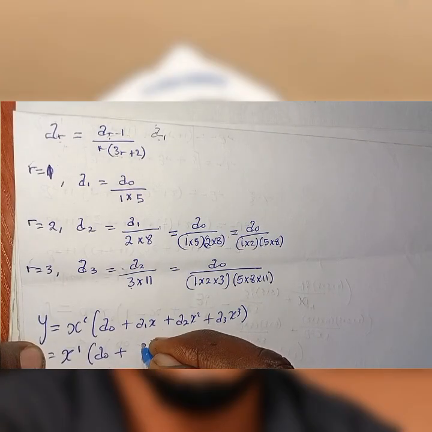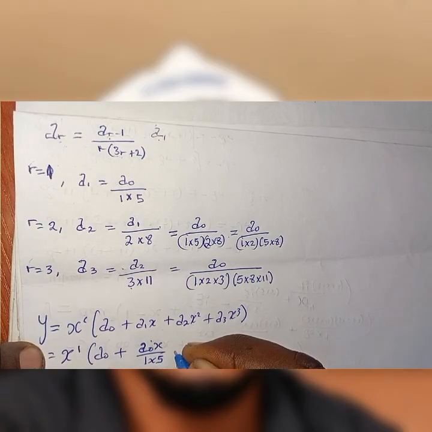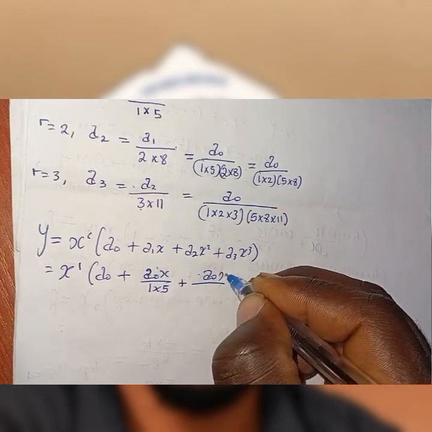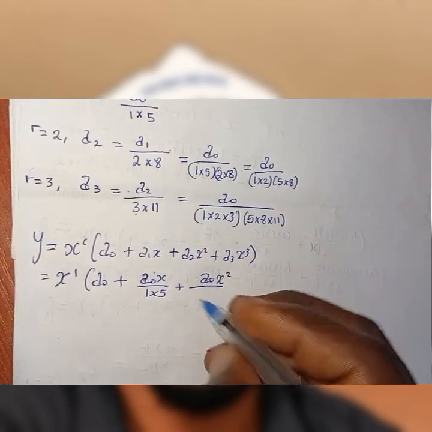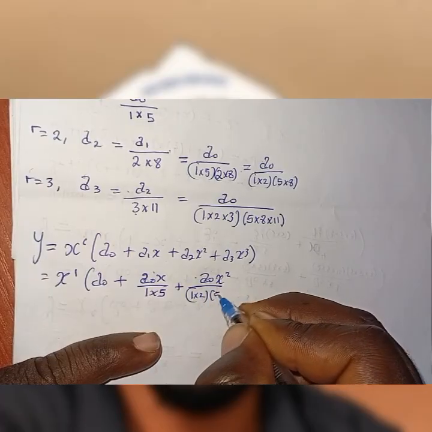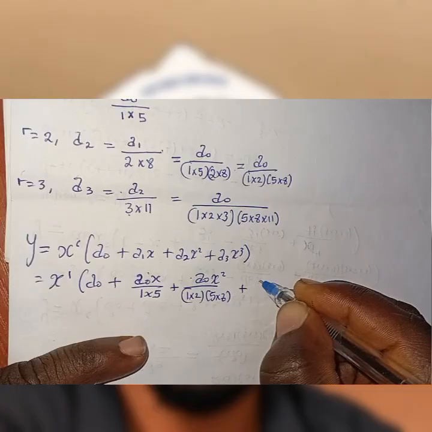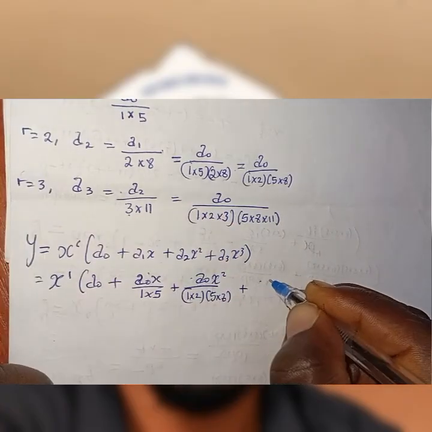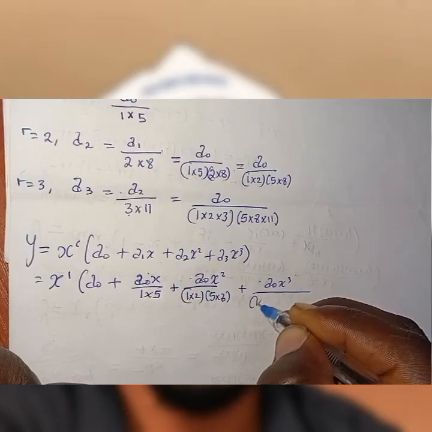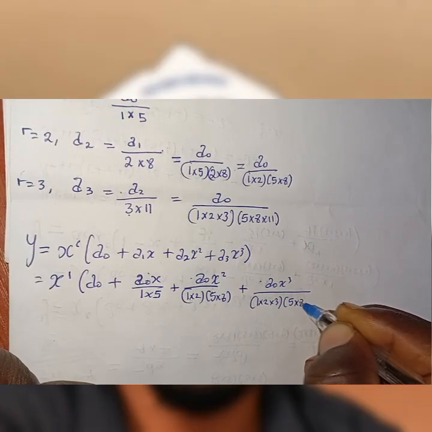We have a_0 x over 1 times 5 plus a_0 x squared over 1 times 2, 5 times 8. Now plus a_3, you have a_0 x to the power 3 over 1 times 2 times 3, 5 times 8 times 11.